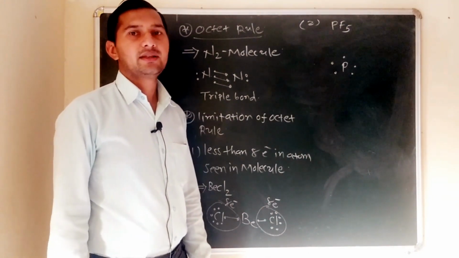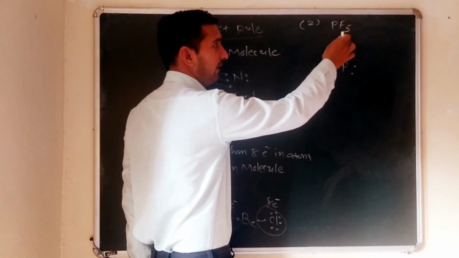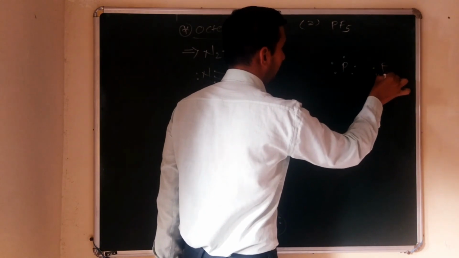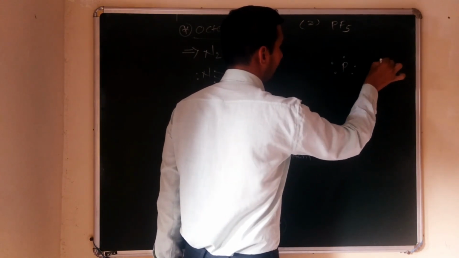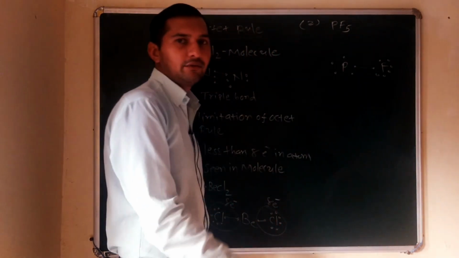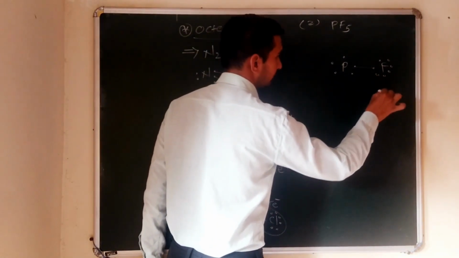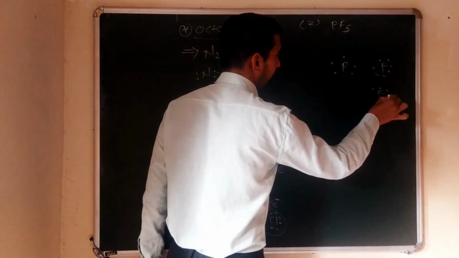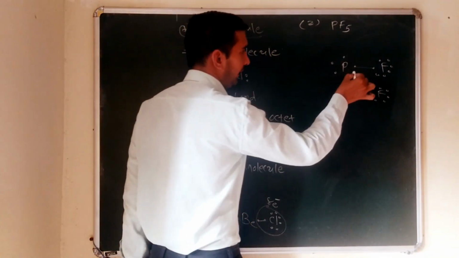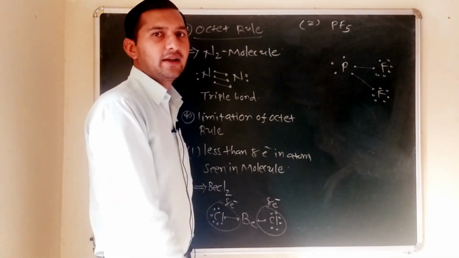Fluorine has 7 valence electrons in its outermost shell. Here there are 5 fluorines. The first fluorine has 1, 2, 3, 4, 5, 6 and 7, so it makes one covalent bond with phosphorus. In the case of the second fluorine, 1, 2, 3, 4, 5, 6 and 7, the second fluorine atom shares one electron with a valence electron of phosphorus, so it makes a second covalent bond.